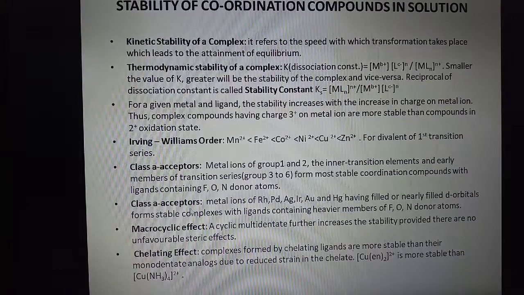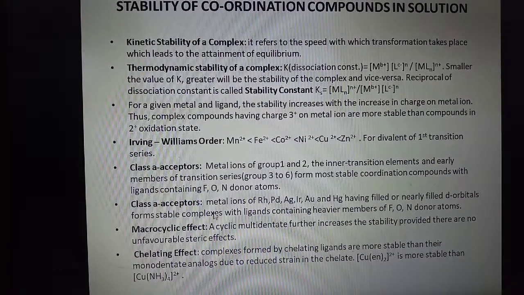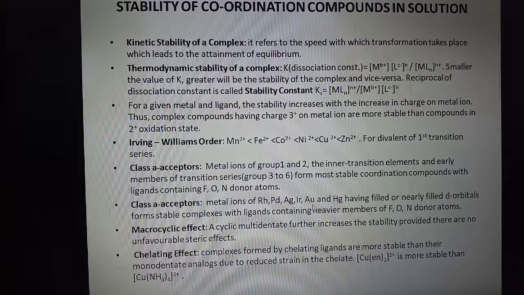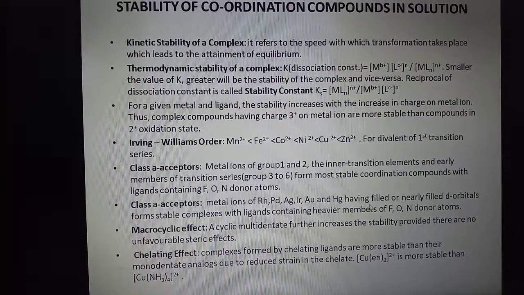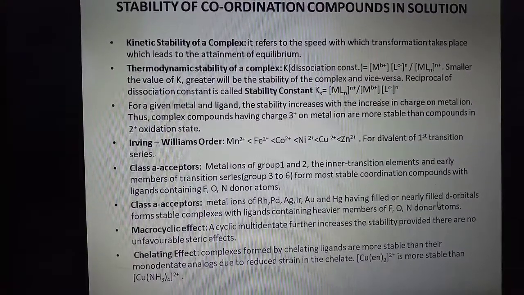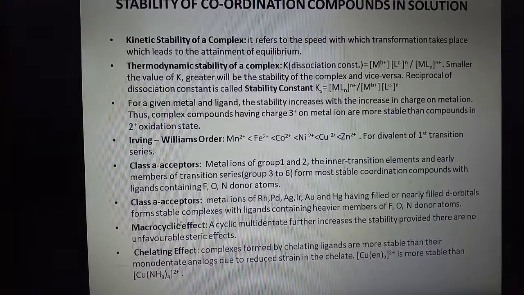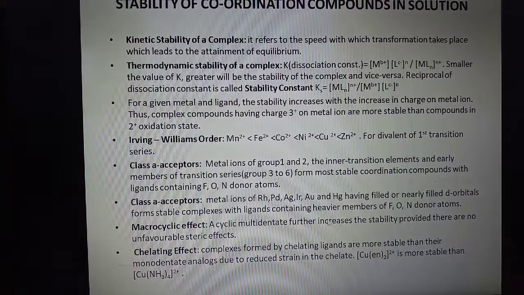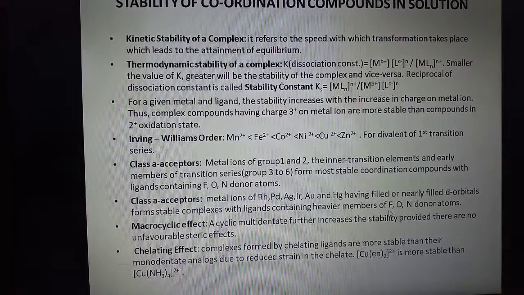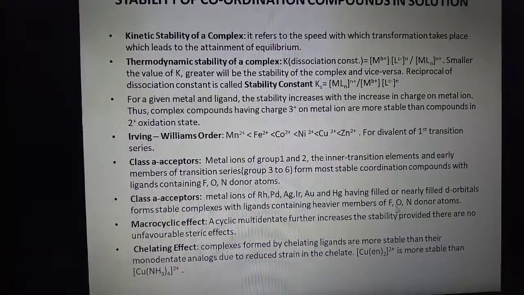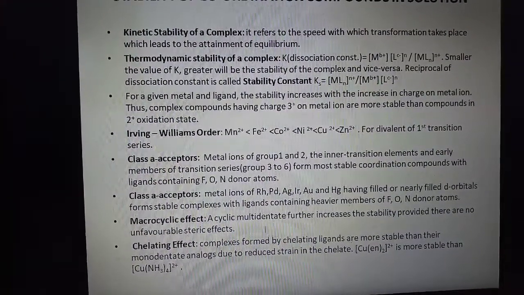For class B acceptors, metal ions like rhodium, palladium, silver, iridium, gold and mercury, having filled or nearly filled d orbitals, form stable complexes with ligands containing heavier members of the fluorine, oxygen and nitrogen groups as donor atoms.